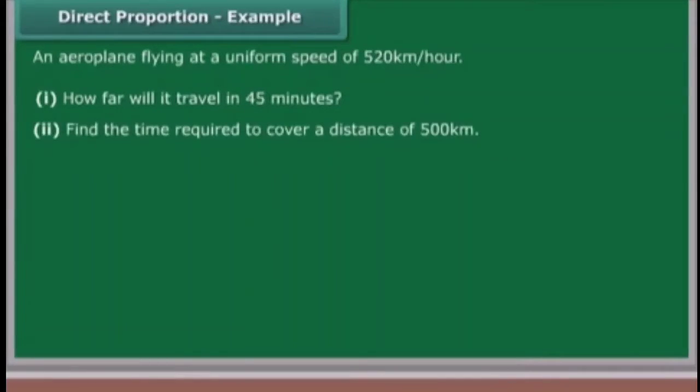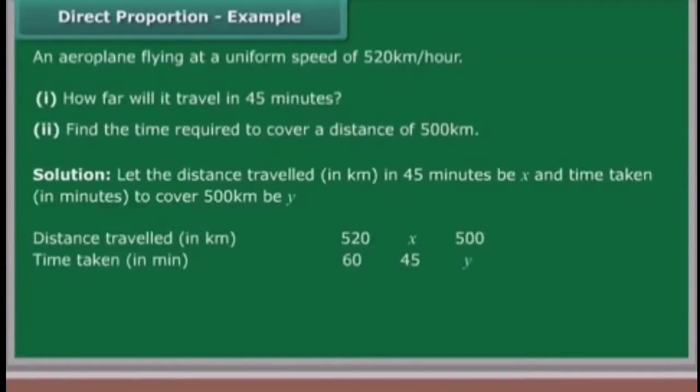Example. An airplane is flying at a uniform speed of 520 km per hour. How far will it travel in 45 minutes? Also find the time required to cover a distance of 500 kilometers. Solution. Let the distance travelled in kilometers in 45 minutes be x and the time taken in minutes to cover 500 kilometers be y.